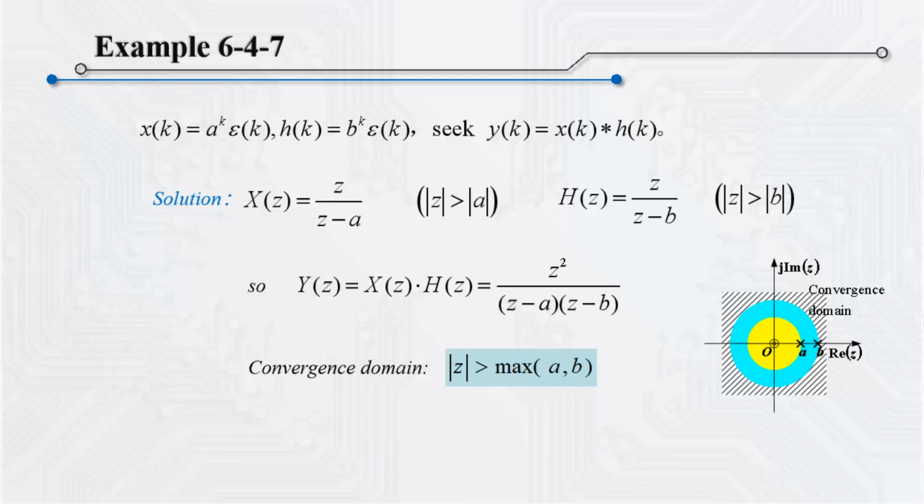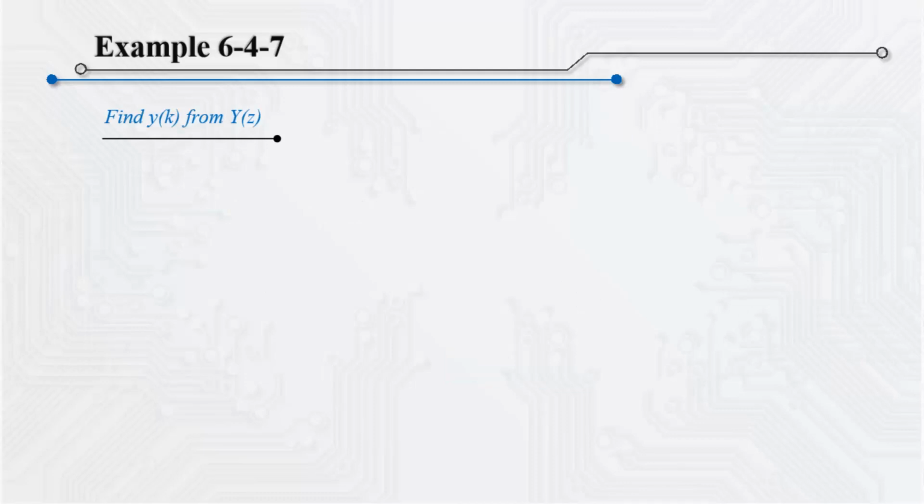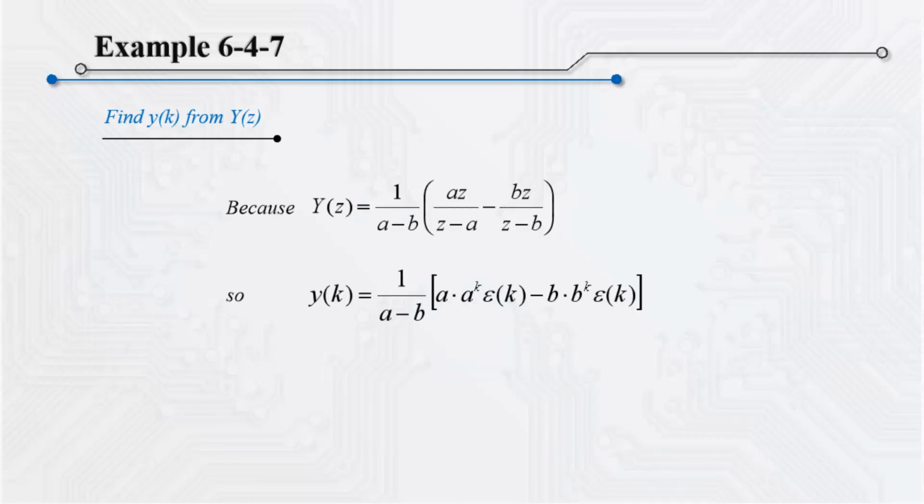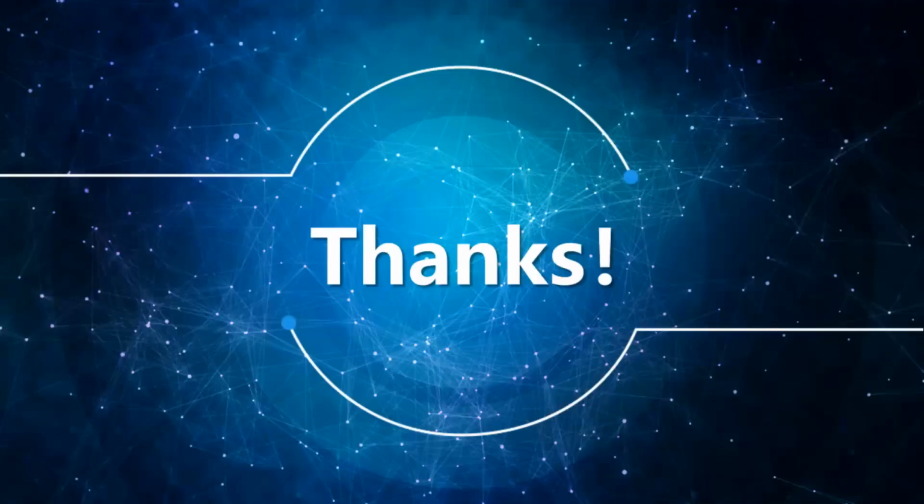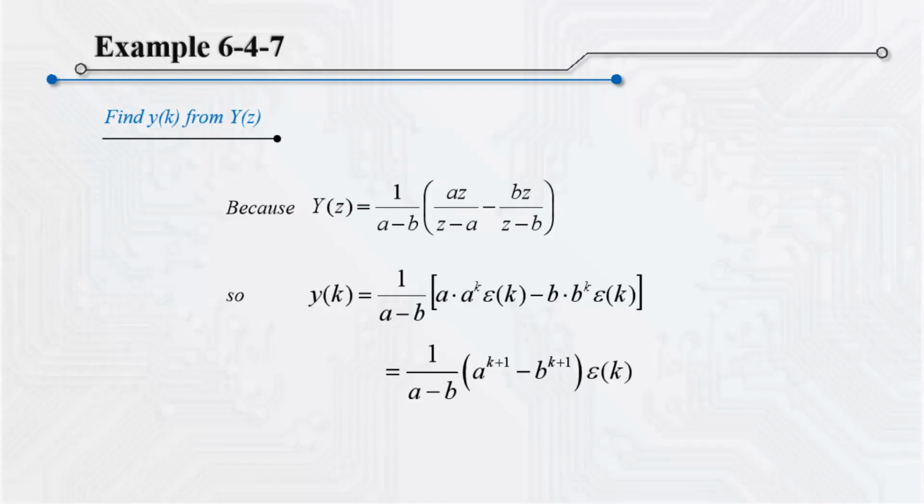We find the inverse z transform by partial fraction expansion. The expanded results are as follows. After expansion, look up the inverse z transform table.